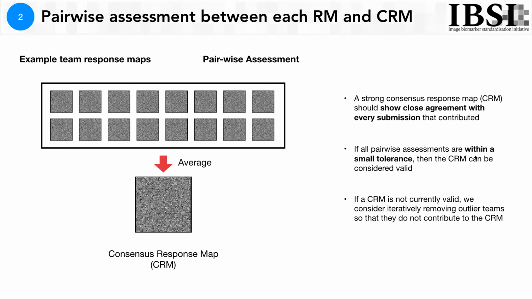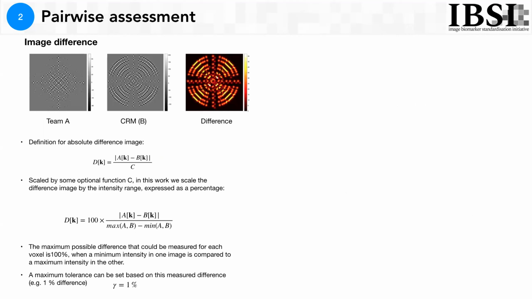So if all pairwise assessments are within a small tolerance, then the consensus response map would be valid. If that's not the case, then we can consider iterative approaches to remove the consensus response map, which I'll talk about in a second.